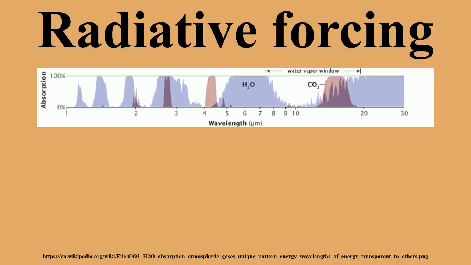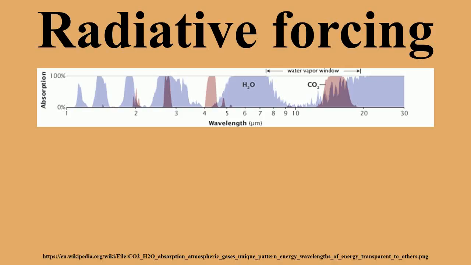IPCC usage. The Intergovernmental Panel on Climate Change AR4 report defines radiative forcings as: "Radiative forcing is a measure of the influence a factor has in altering the balance of incoming and outgoing energy in the Earth-atmosphere system, and is an index of the importance of the factor as a potential climate change mechanism."